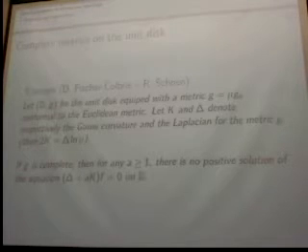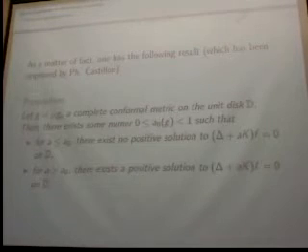This is not very hard to prove. There is something very interesting, in fact: there exists some point a0, and if you look at Laplacian plus ak, then on one side of a0 the equation has a positive solution, and on the other side of a0 there is no solution.